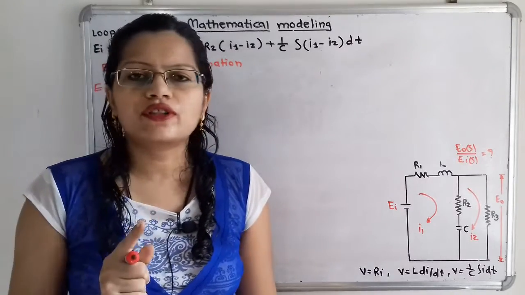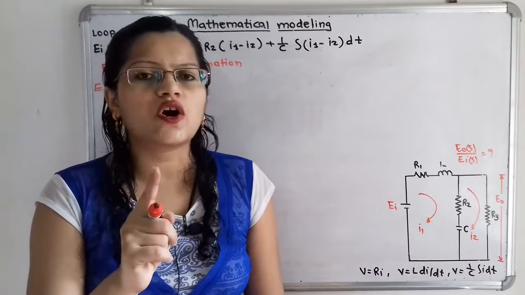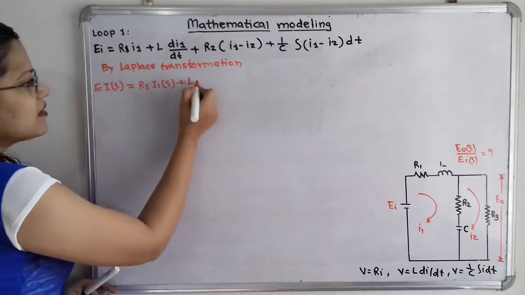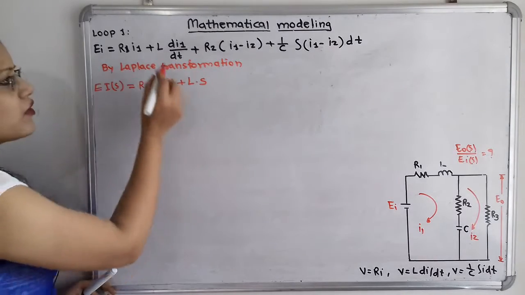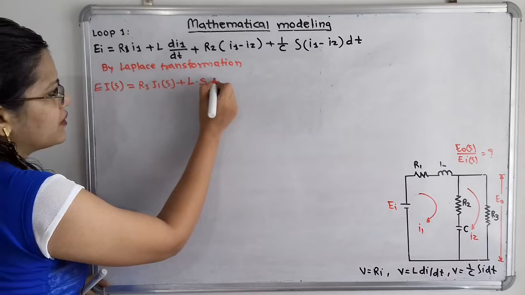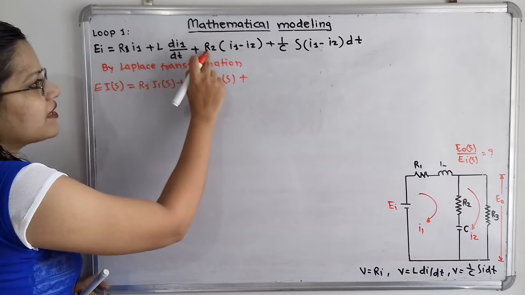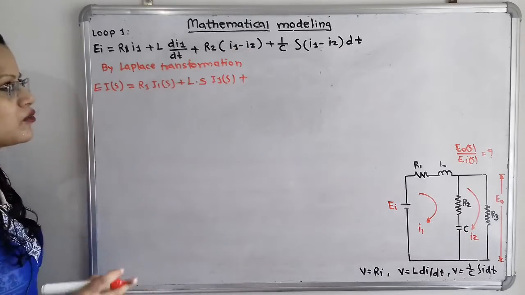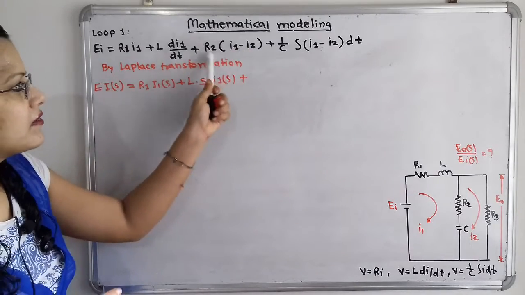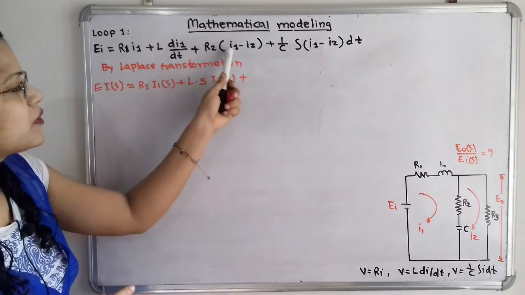For this differential equation there is only order 1, so for this first order we take L into S, because we cancel the d by dt, and the remaining is I1. So I will write here I1(S), plus R2 times (I1 minus I2). Here I will multiply this R2 inside the bracket.